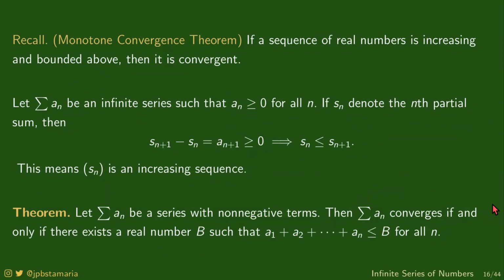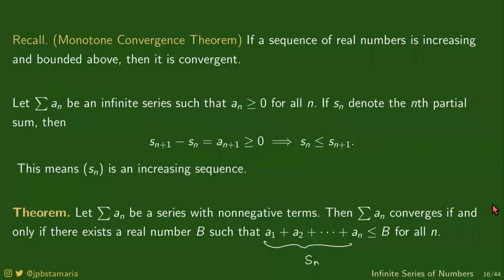And by that we mean there exists a number b such that this quantity, S sub n, is less than or equal to b for all n. Kahit na anong partial sum ang kunin mo, hindi siya lumalagpas sa b. If you can find a number b such as this, then convergence can be guaranteed.